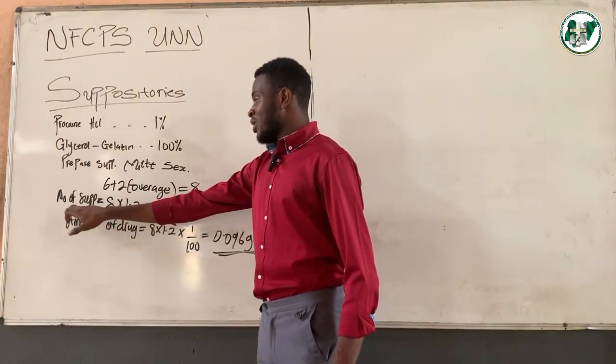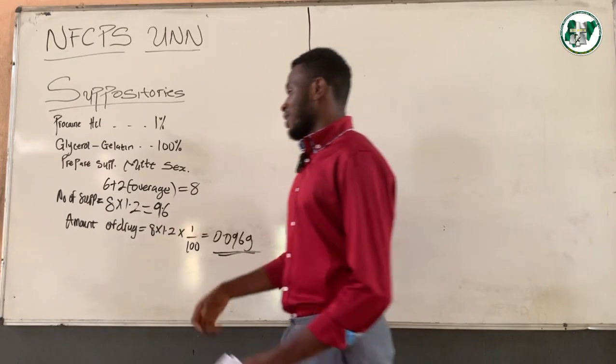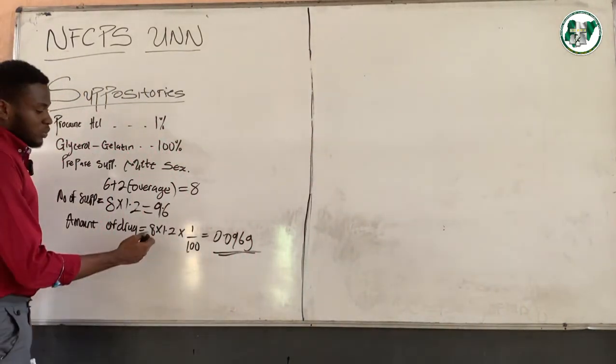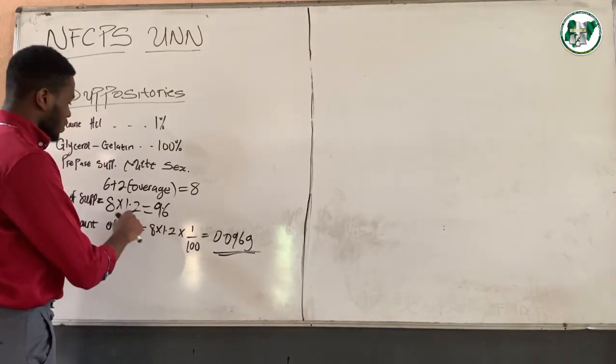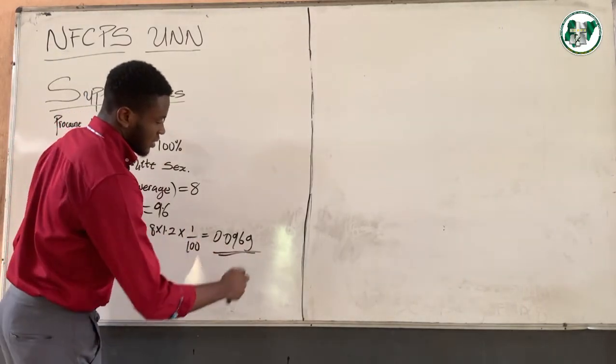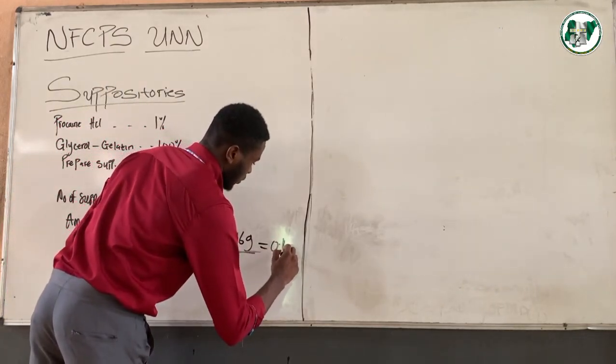So the actual number we are preparing here is 9.6, but we are sending 6. Right? So the amount of drug, which is propantheline hydrochloride, is going to be 8 multiplied by 1.2, the weight of our mold, multiplied by 1%, which is 0.096, approximately 0.1 gram.